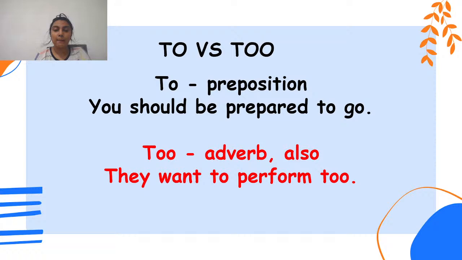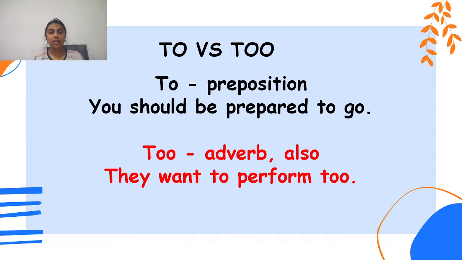All right, but TOO, it is a substitute. We could say it's some sort of a substitute for the word also. They want to perform too. Okay, or they too want to perform. I want to go as well. I want to come too.